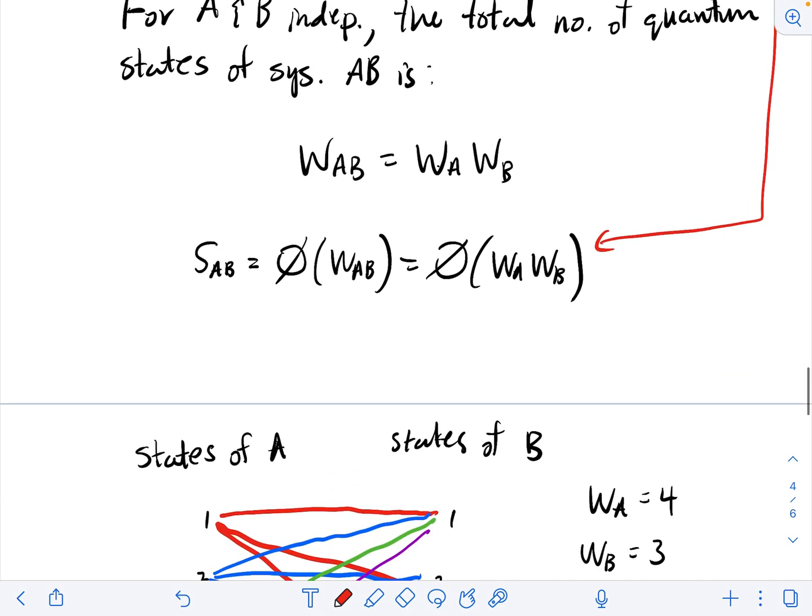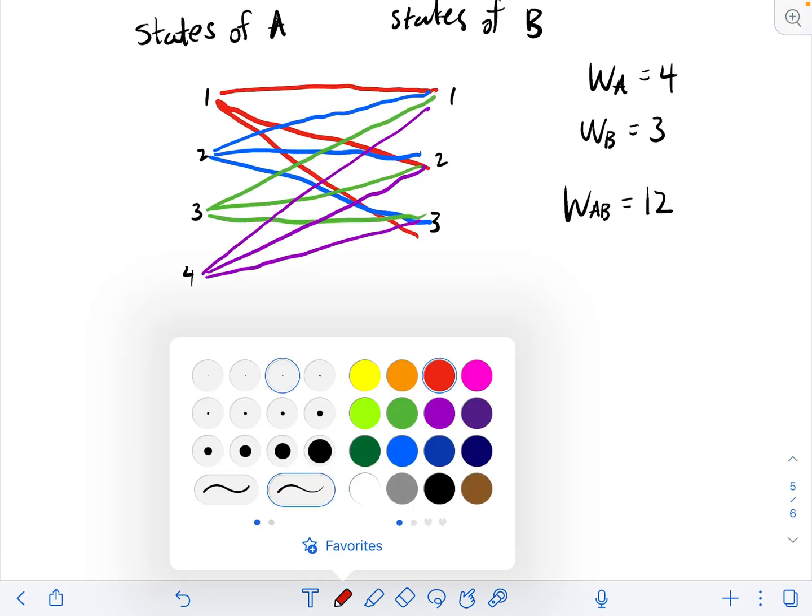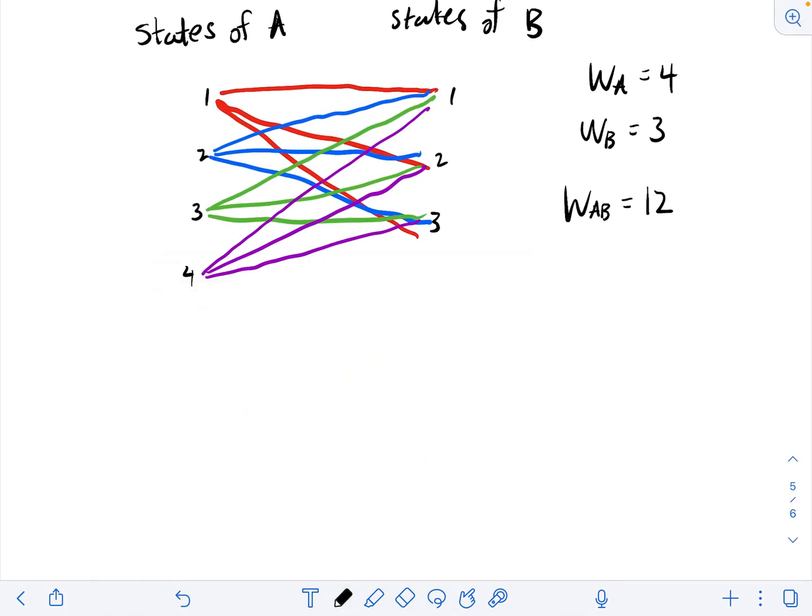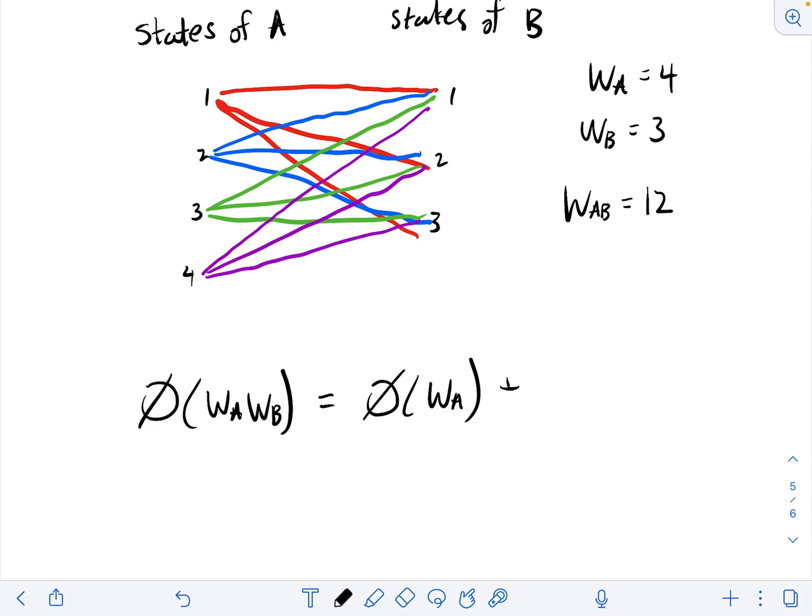Okay, and so that means that if we set these two expressions for the same entropy equal to each other, then we must satisfy this condition. We have to find some function phi, which, when it acts on the product of WA and WB, is equal to the function of WA plus the function of WB.